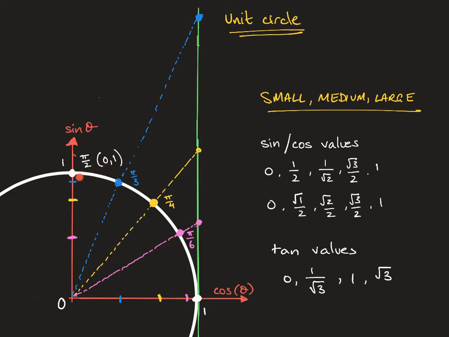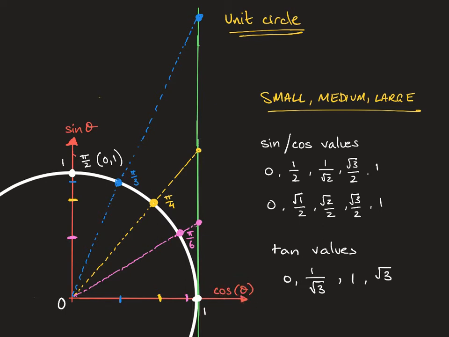And for this to work, we need to remember that for the coordinates of each of these points, the x value is the cos value, and the y value is the sine value. So you can see I've labelled the y-axis as sine theta, and the x-axis as cos theta.